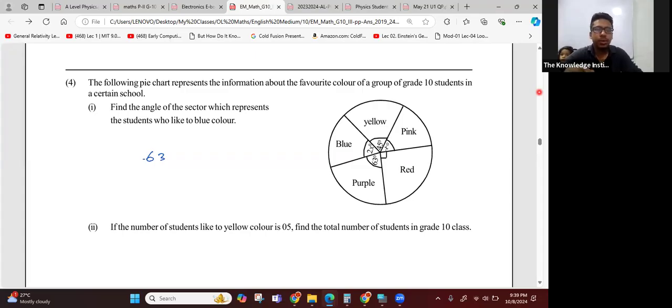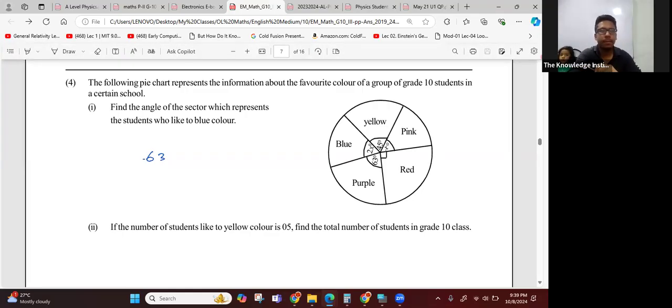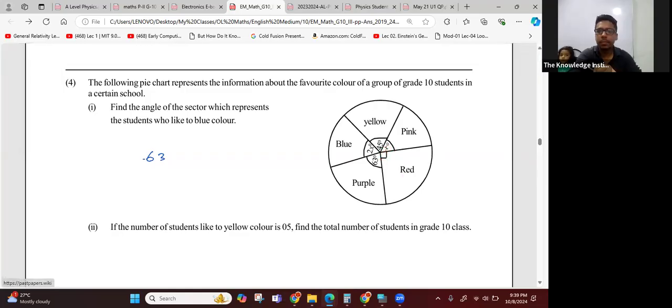Rose color means pink or red. I think they are referring to pink, right? So we'll think like that. So purple divided by, let's say, pink.